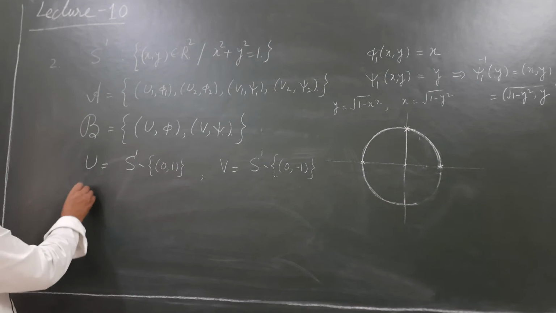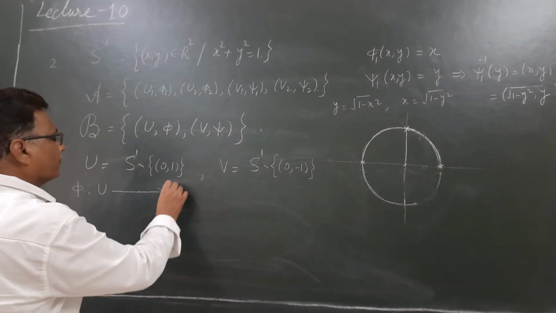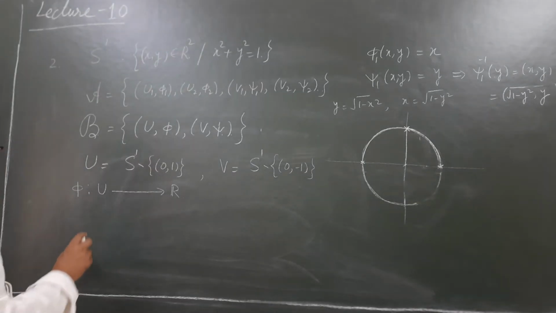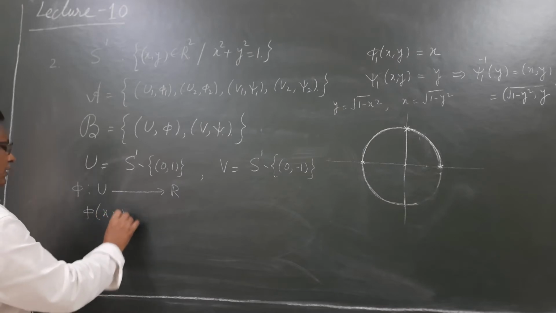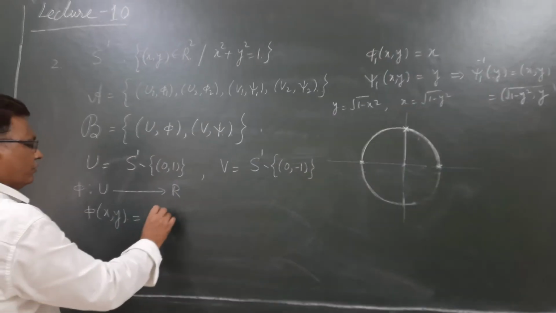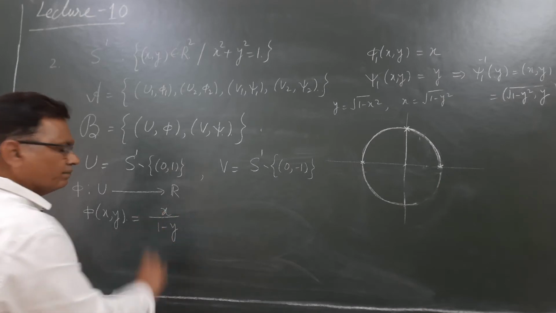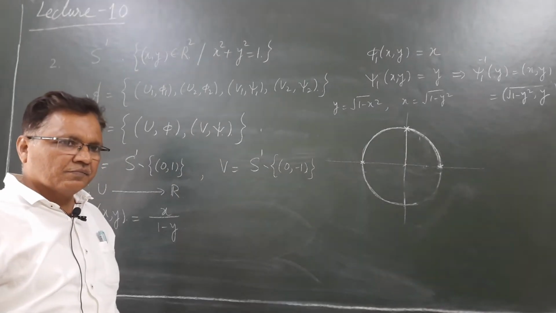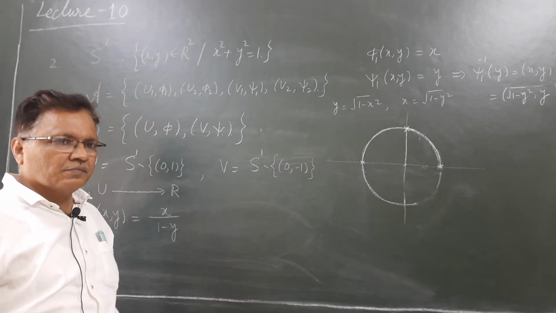Now I defined a map phi from U to R, and this is a stereographic projection, given by phi of (x,y) equals x upon 1 minus y. It means that we can stretch the circle from two points.